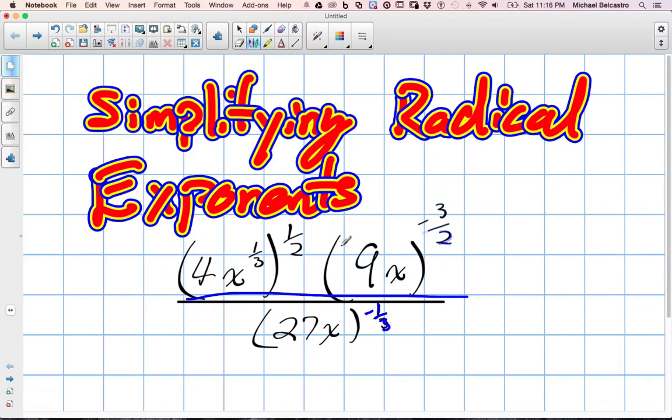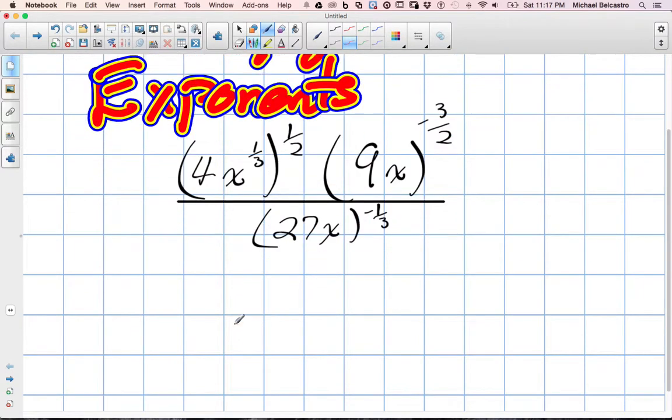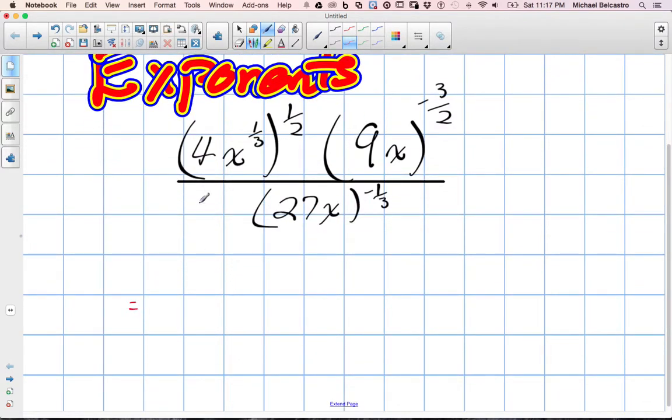We're going to start by multiplying in our exponents of each of these. So we're going to do that in each of these situations. So we'll start with the 4x for a moment, first set, and we'll work with that in different colored brackets here. Okay, so here's our expression.